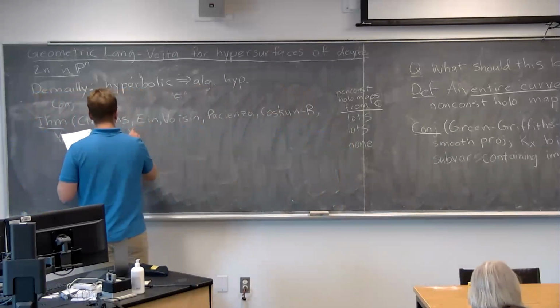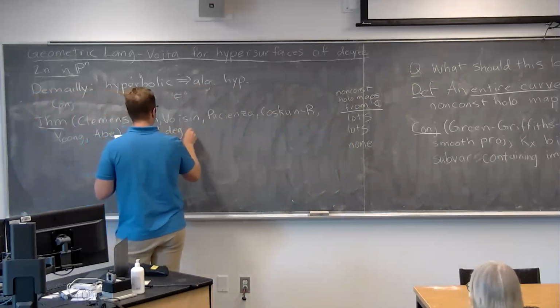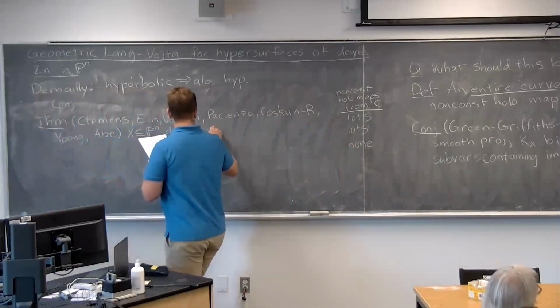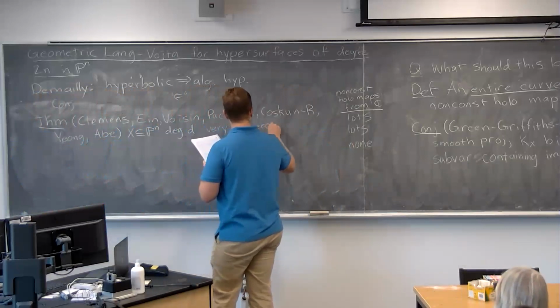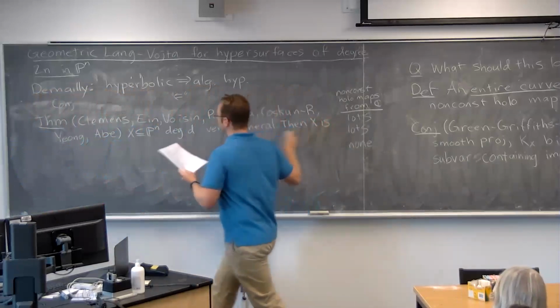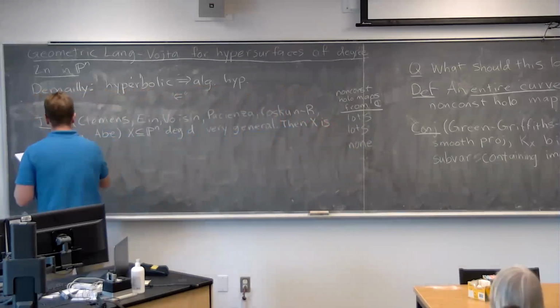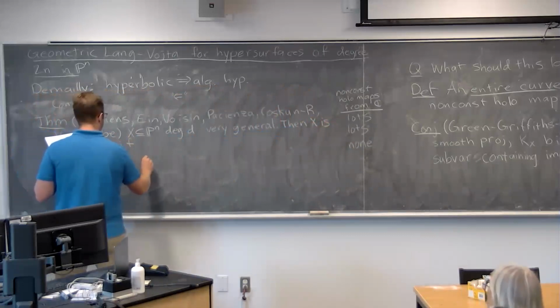And so the result is, if X in Pn is of degree D and very general, then X is algebraically hyperbolic if D is at least 2n minus 1 and n is at least 3.